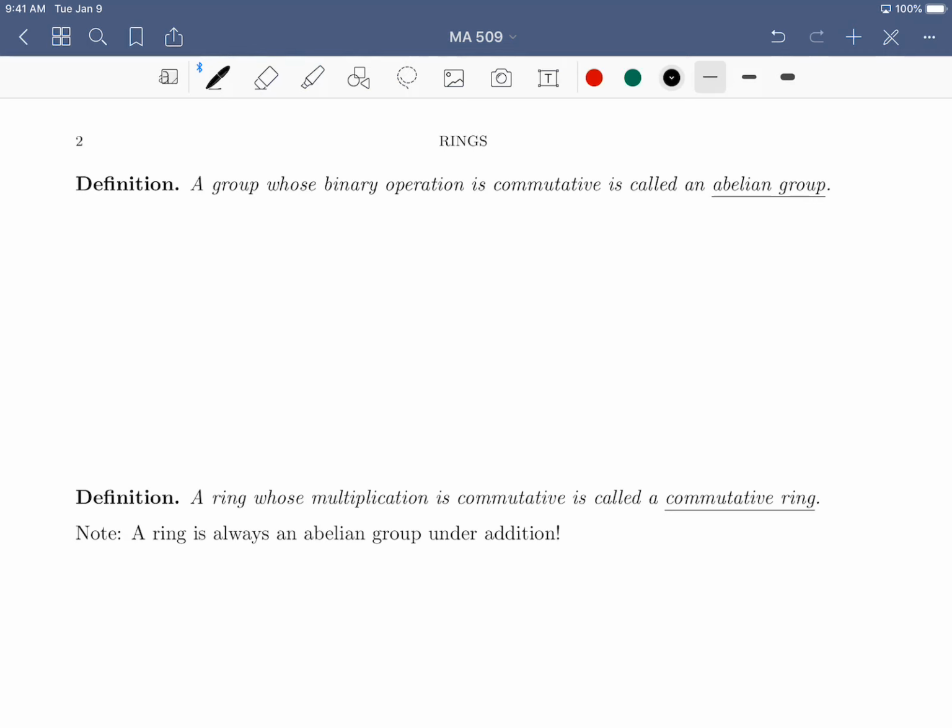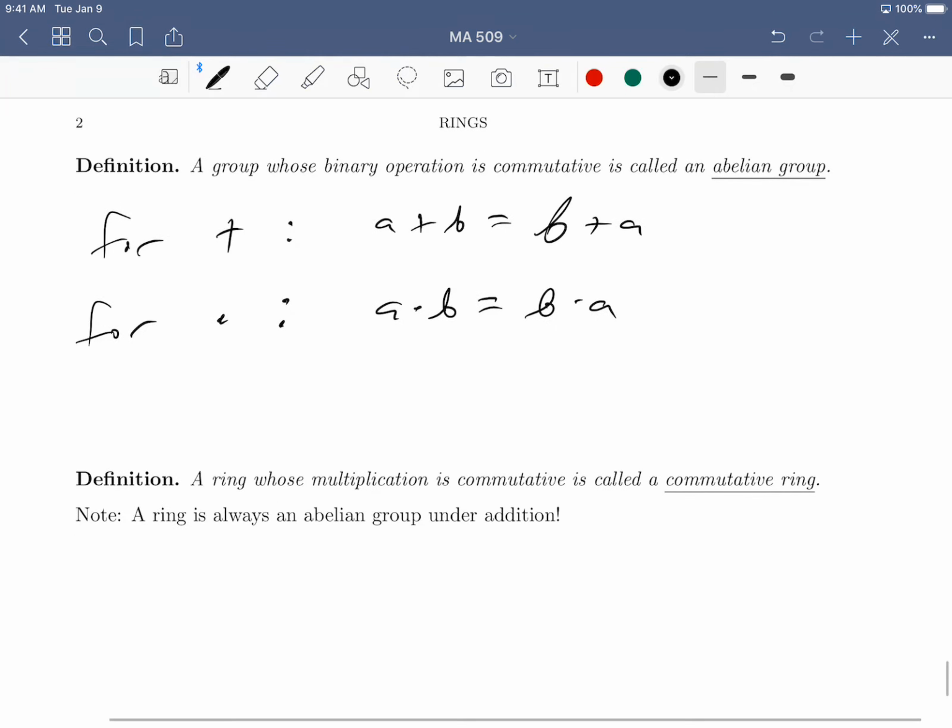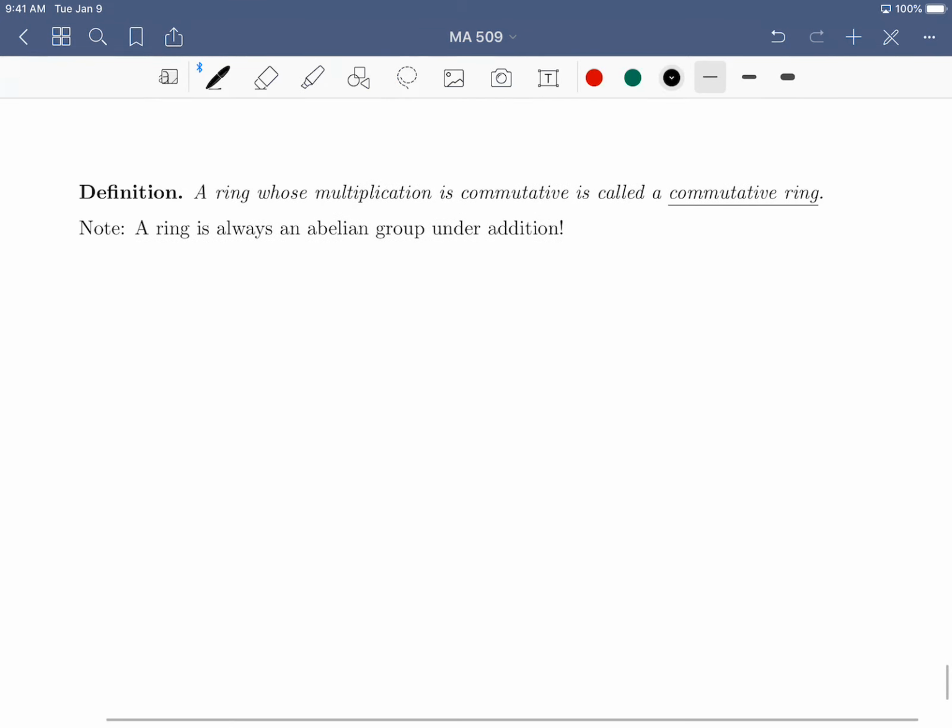So for addition, this means A plus B equals B plus A. For multiplication, this would mean A times B is B times A. So if we have a commutative operation, it's called an abelian group. A ring is an abelian group under addition. That's part of our definition. That was ring definition part 4.